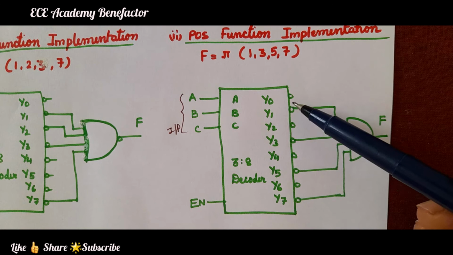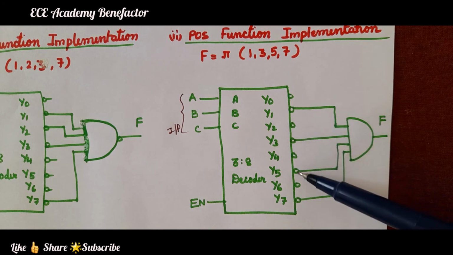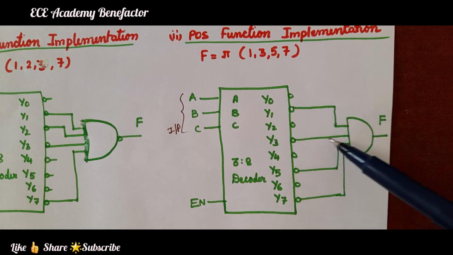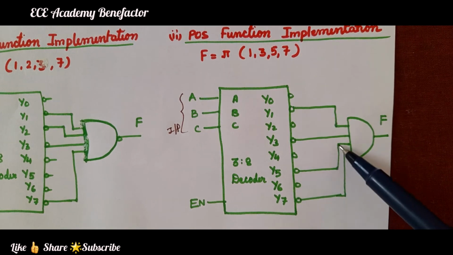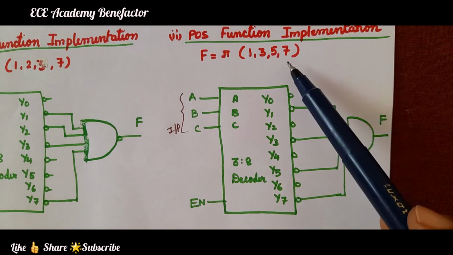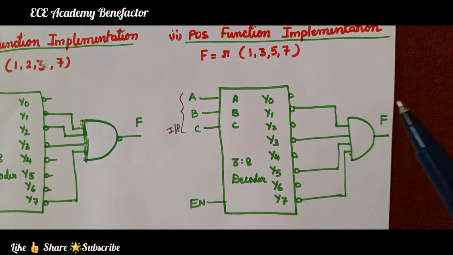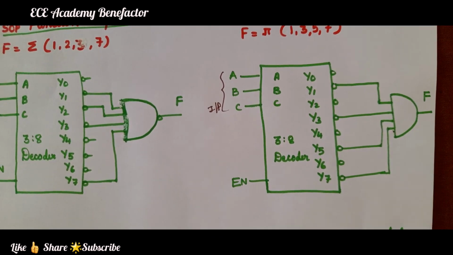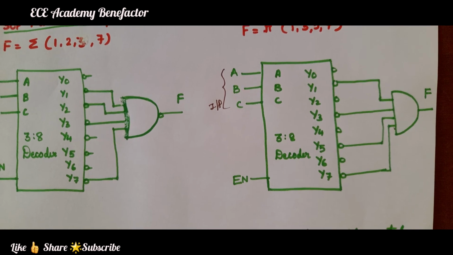It is active low, so bubbles are connected at the output. Y1, Y3, Y5, Y7 are connected to an AND gate to generate the function f. In this way we can implement the multiple output functions using a decoder.